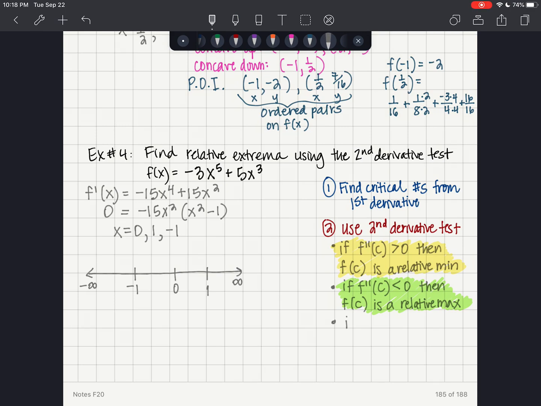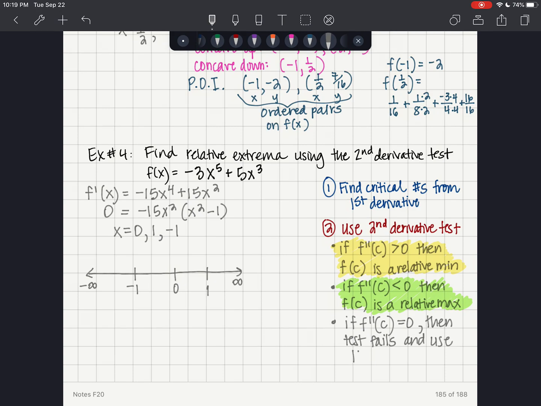And if it's not greater or less than, let's say it's equal to 0, then the test fails. You got it, fails. And you have to resort back to your first derivative.